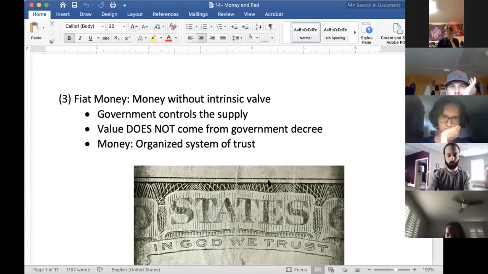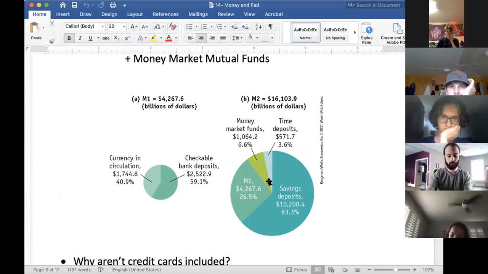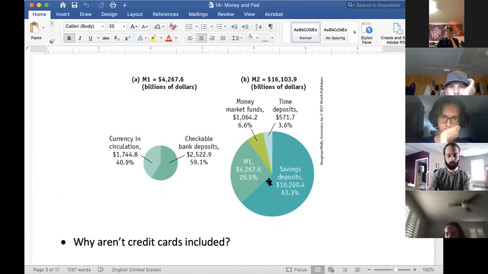If you want to get some relative size of M1 and M2, I think this is data from 2019, so I'm sure it's a little bit different, but this gives you a rough breakdown.